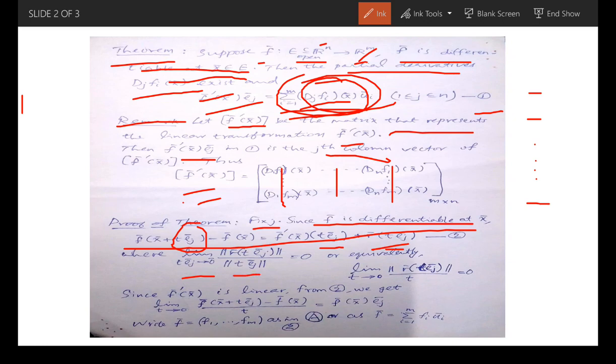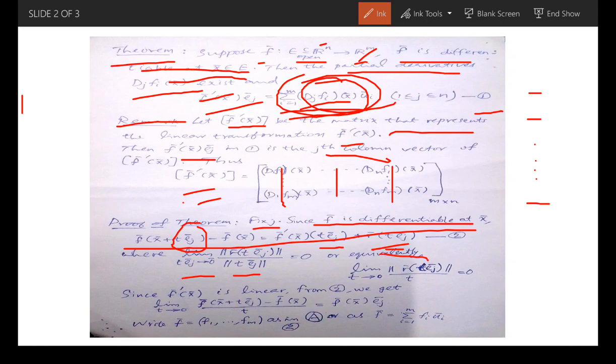Now look at the denominator. Norm of tej is precisely mod t times norm of ej. But since ej is the standard basis vector, norm of ej is equal to 1. So in the denominator we have mod t only. But something tends to 0 if and only if the norm tends to 0. Use that property.